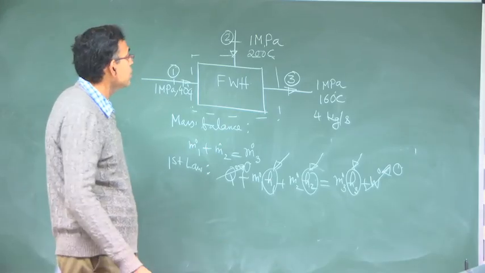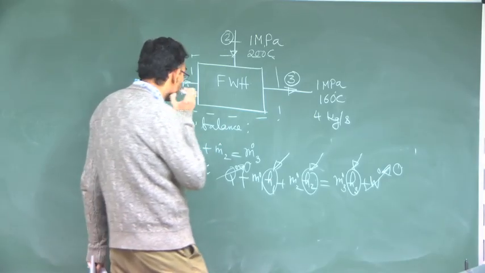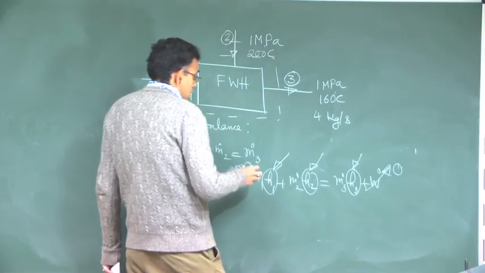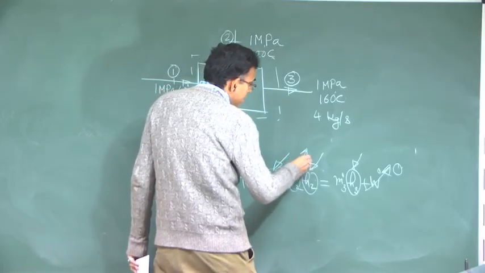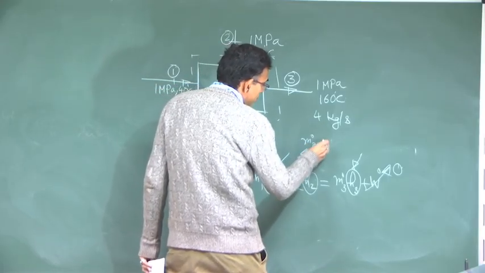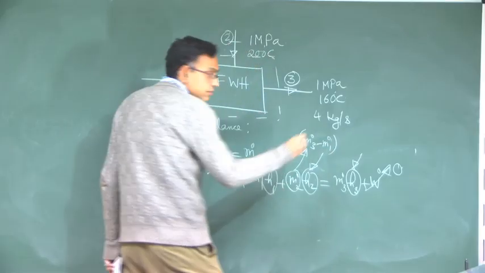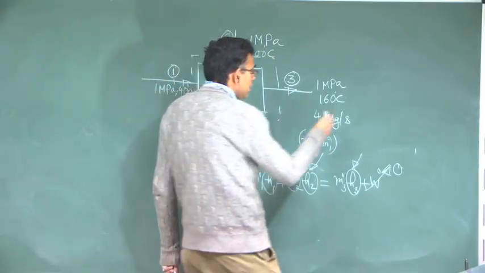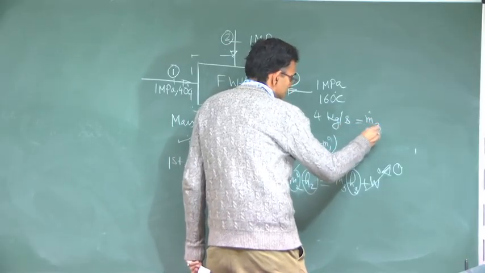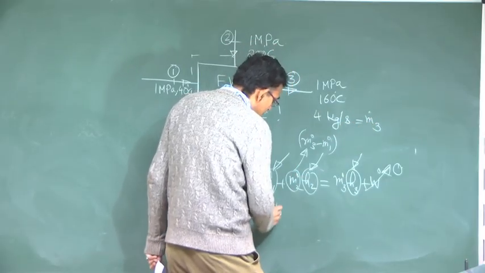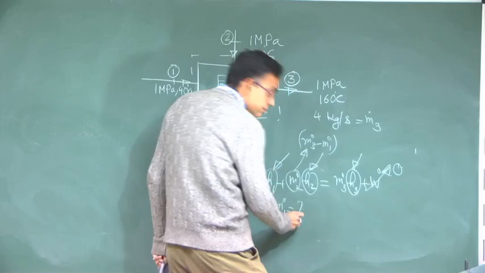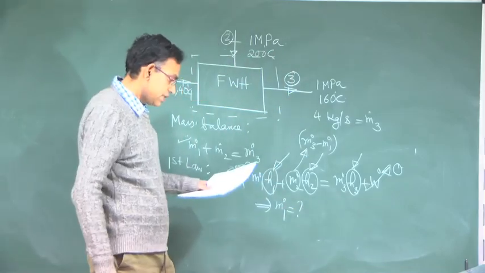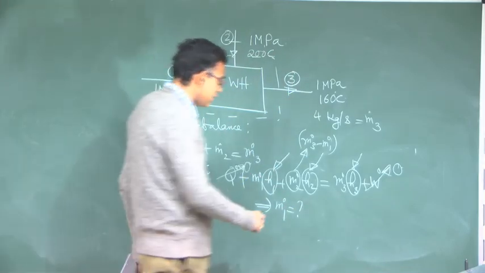What is m dot 1, for example? m dot 2 you can write as m dot 3 minus m dot 1, and m dot 3 is 4 kg per second. From this equation, the only unknown is m dot 1, which is 3.237 kg per second.